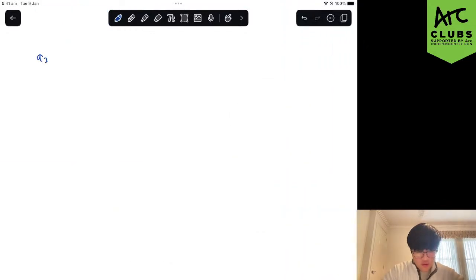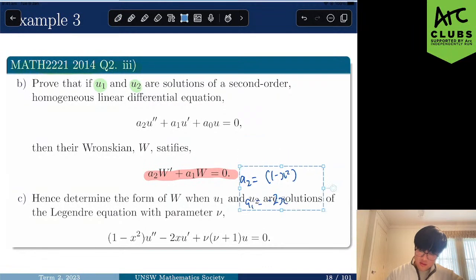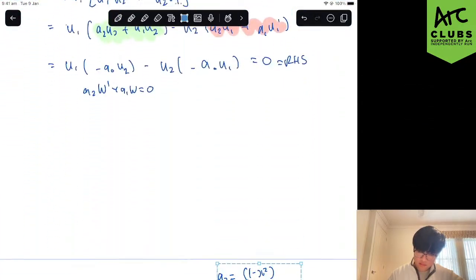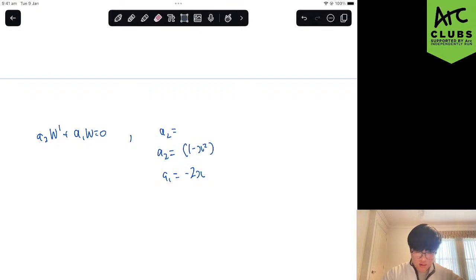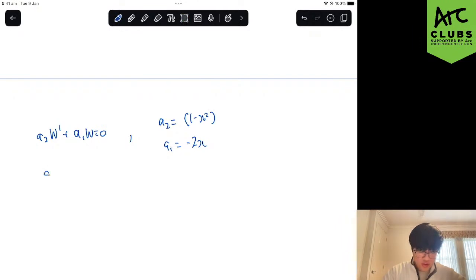What we have is this result from earlier. Bring this down. And we have A2 equals this, A1 equals this, and we want to solve for W essentially. All right, so what we have is 1 minus x squared W dash minus 2x W equal to 0.